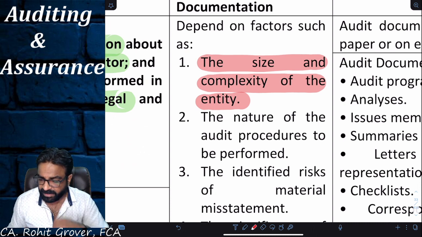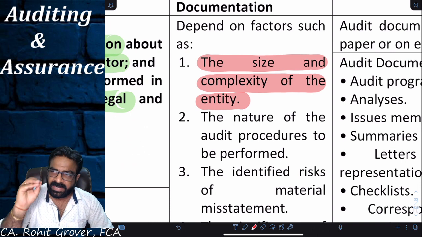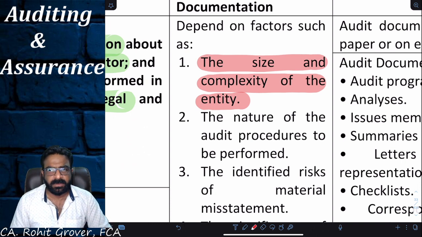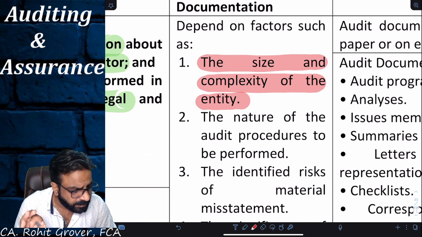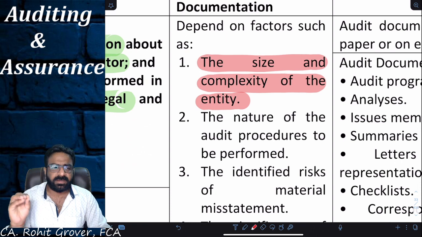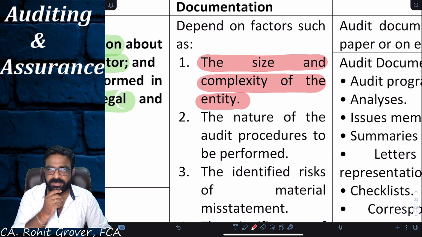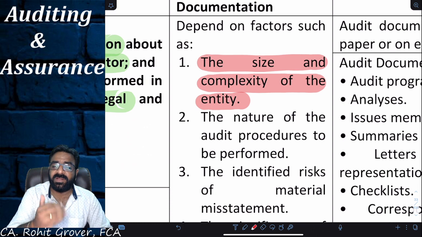Let me give you one practical example. Suppose there is one client who is selling one item at the GST rate of 5%. It means all the sales my client is doing are at the GST rate of 5%. But there is another client who is selling items at different GST rates.